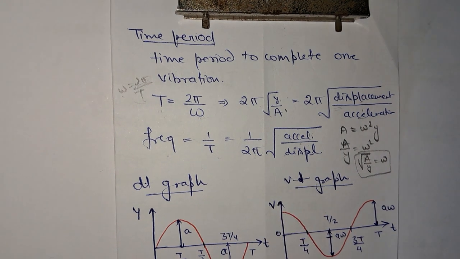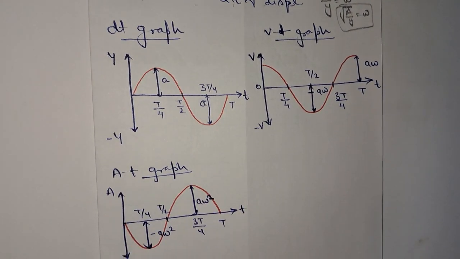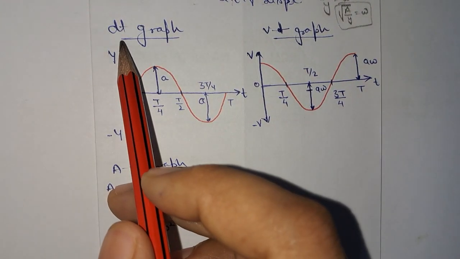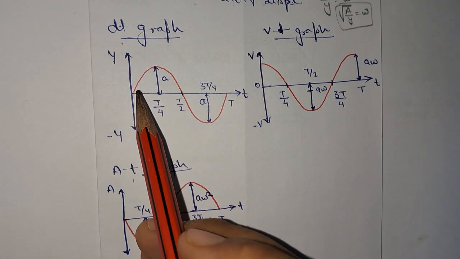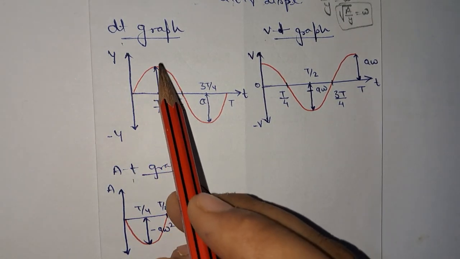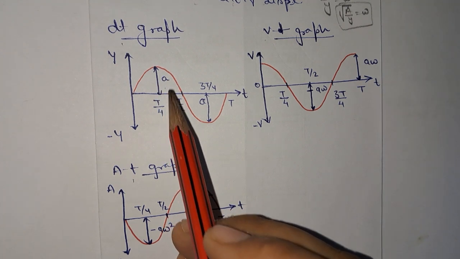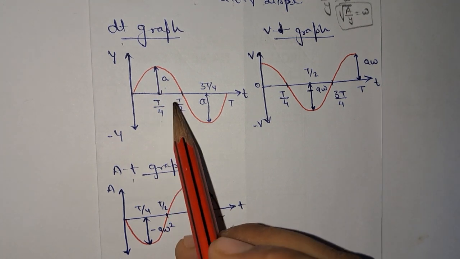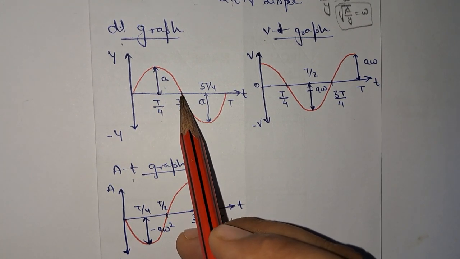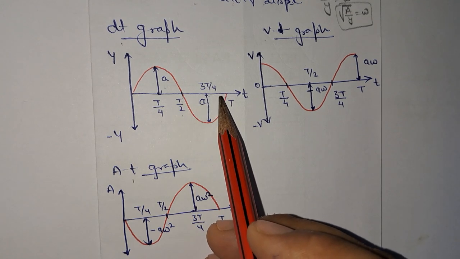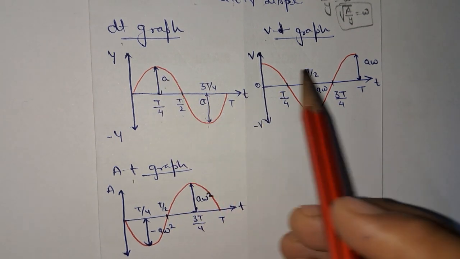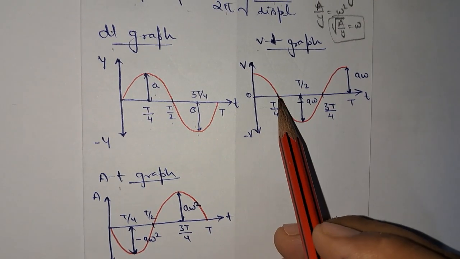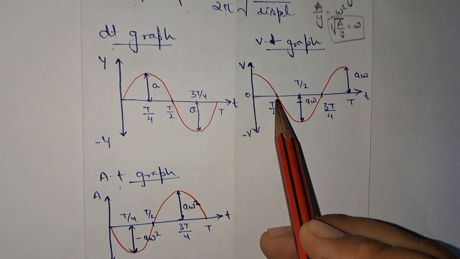So if we observe the graphs, this is the displacement time graph, velocity time graph, and acceleration time graph. For the displacement time graph, the maximum value reaches a at T by 4. At T by 2 it reaches 0, means at mean position. This is the extreme position. Similarly, at T by 4, you can see the velocity is 0.